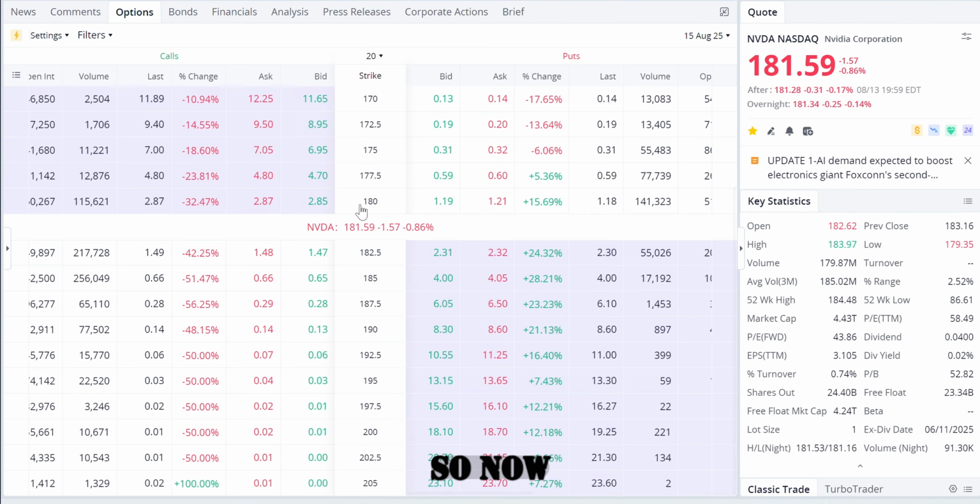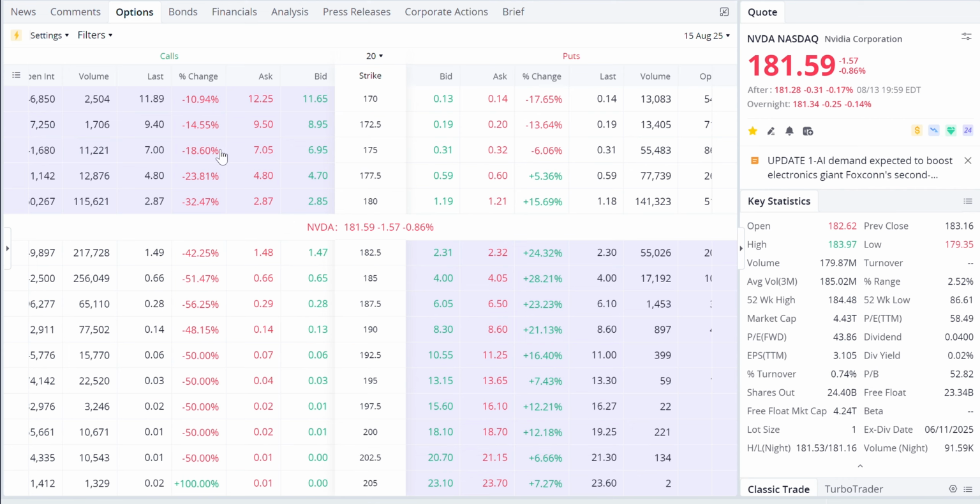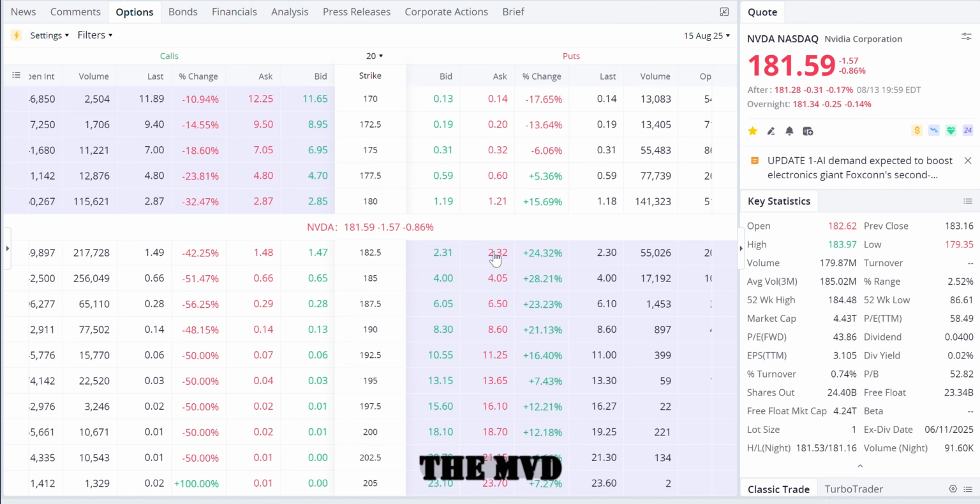All right? So now, moving to the next column: the change. Okay? So what percent of this contract has changed? It's changed negative, right? Or as you see on the right side, the put side, it changed positive, meaning that's the money that's in it. So this contract right here, a 182.50 put, meaning Nvidia is going to go down from 182.50.